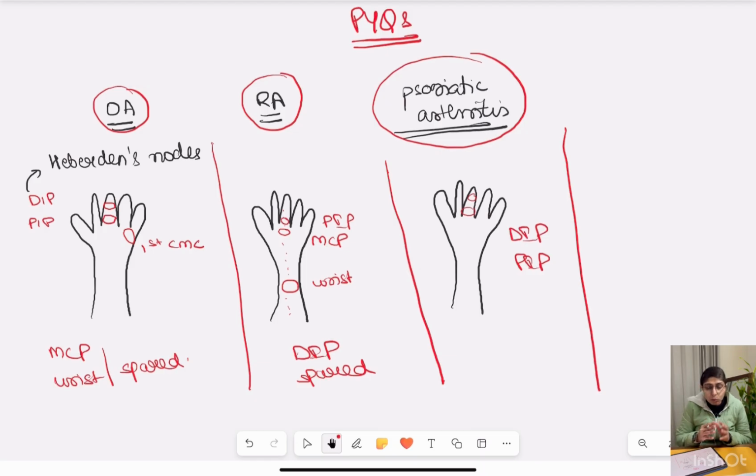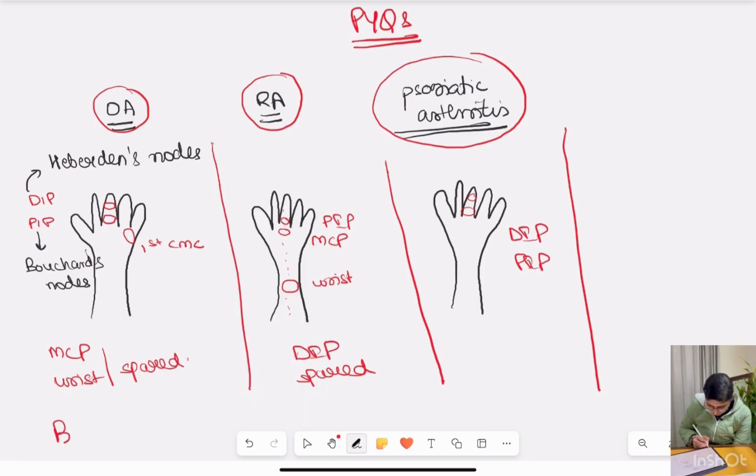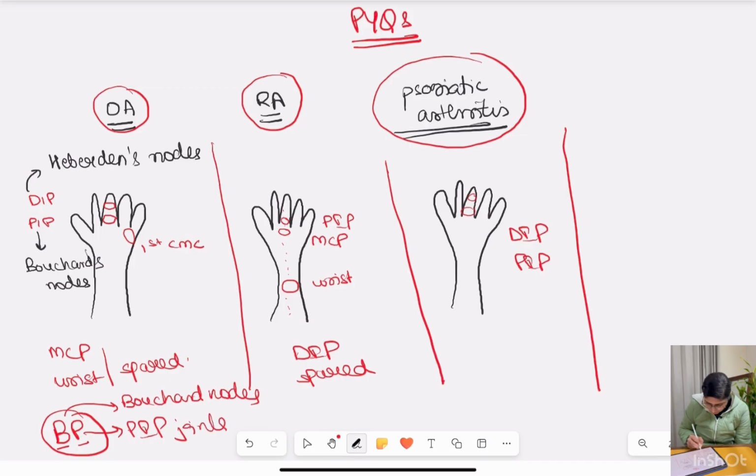So those are Heberden's nodes. And when the PIPs are involved with osteoarthritis, these nodes are known as Bouchard's nodes. So how do we remember this? I used to remember it like BP. Just remember BP. It is blood pressure, but here it is not blood pressure. B is for Bouchard's nodes. Bouchard's nodes involve the PIP joints.